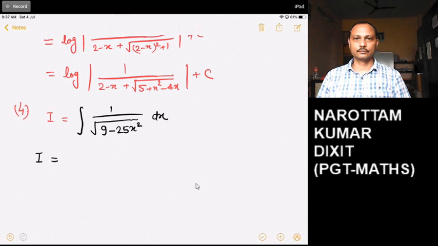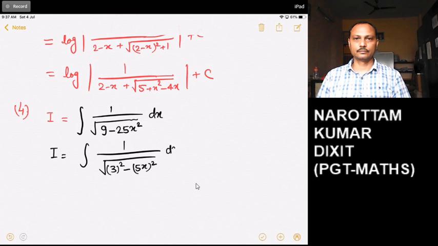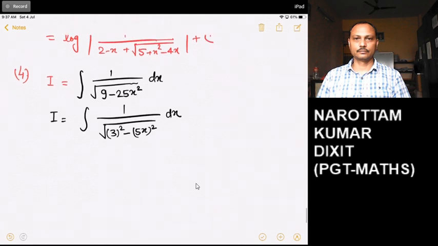First of all we can write this integration as 1 upon under root 3 square minus square of 5x. Both terms are perfect square within the square root.